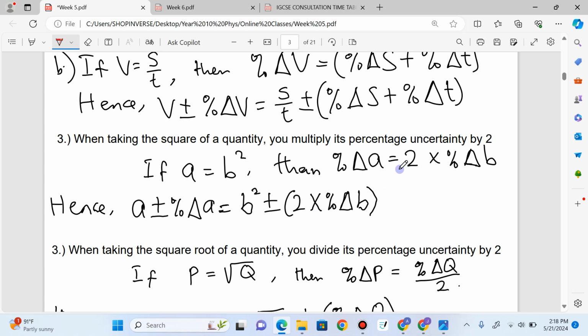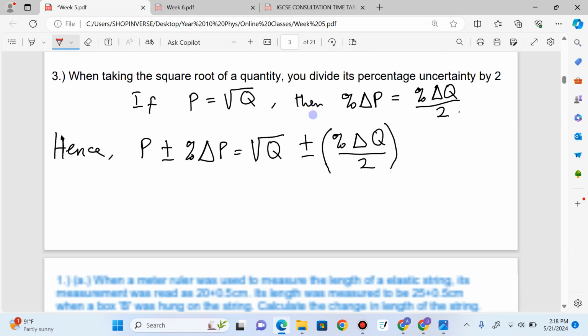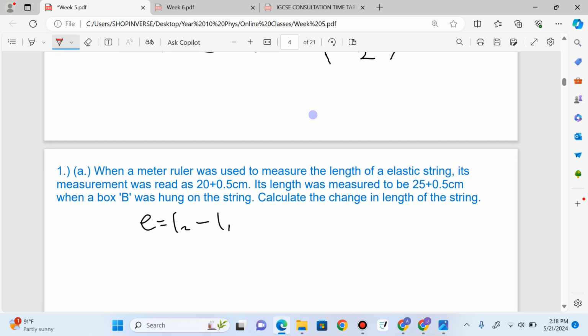As for the uncertainty here, you multiply the percentage uncertainty by 2 when you are dealing with square. And if you are dealing with square root, you divide the percentage uncertainty by 2. And don't forget that this will give you the percentage uncertainty, which you can convert to absolute uncertainty eventually.